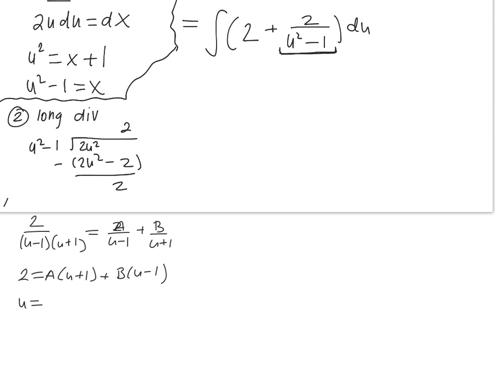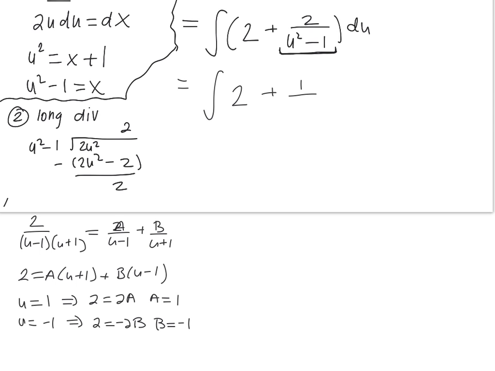If you input u equals 1, you get 2 equals 2a, therefore a is 1. And if you input u equals negative 1, you get 2 equals negative 2b, and therefore b is negative 1. Whew, man. So we now have the integral of 2 plus 1 over u minus 1 plus negative 1 over u plus 1.